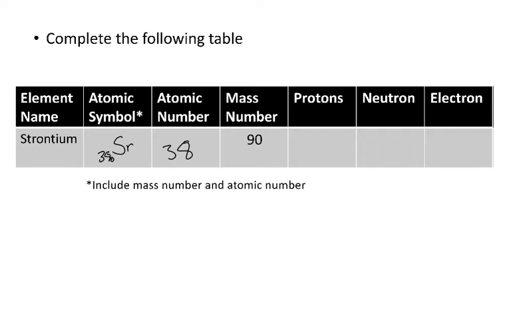I know the protons are the same as the atomic number, so I can put a 38 here. This is a neutral atom, so the electrons are also 38. All right, to finish things off, in this case they gave me the mass number, so I can put it on top there. And then to get the number of neutrons, I would do 90 as a mass number minus 38 for the protons. And so my number of neutrons is 52.